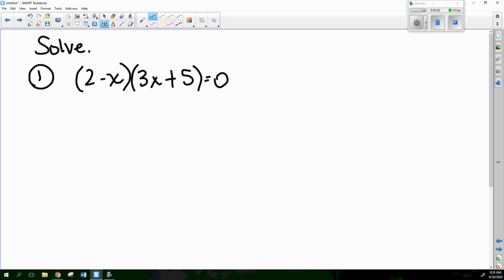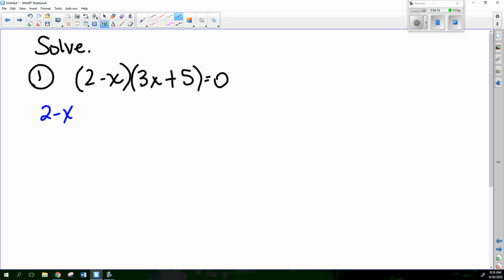But I've made the first one easier in terms of it's already equal to 0, and it's already factored for you. So we can jump all the way down to step 3. What was step 3 that we just wrote down? Set each factor equal to 0. Good. Each factor means the things that are connected by multiplication.